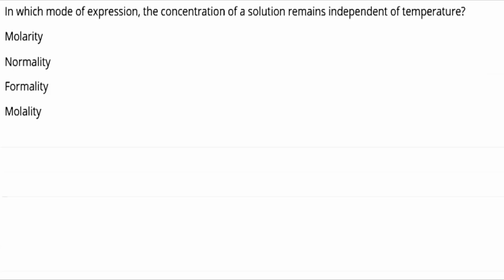Hello everyone, so the question we have is: in which mode of expression does the concentration of the solution remain independent of temperature? We have four options given here. First of all, if we talk about molarity, molarity is 1 upon V. It is inversely proportional to volume.